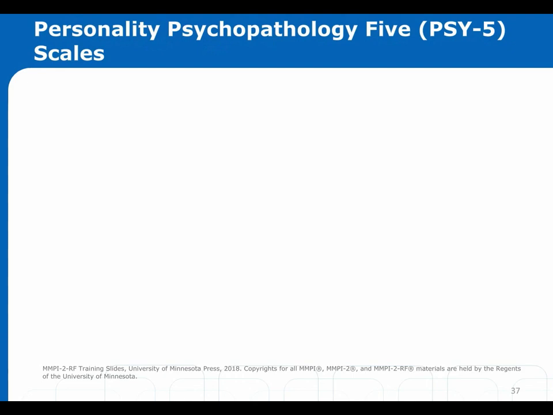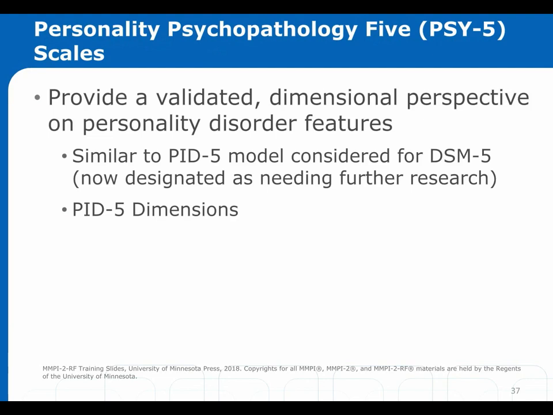So with the MMPI-2-RF, we have revised versions of the scales that focus on and rely on the items of the restructured form that give us that dimensional perspective on personality disorder-related psychopathology. As you just saw in the video, the Psy-5 scales, as they're called, provide a validated dimensional evaluation of personality disorder characteristics.